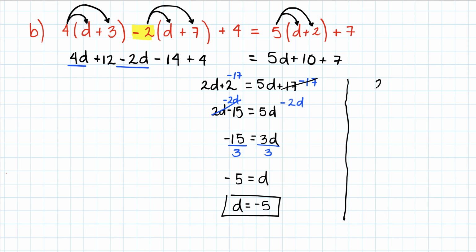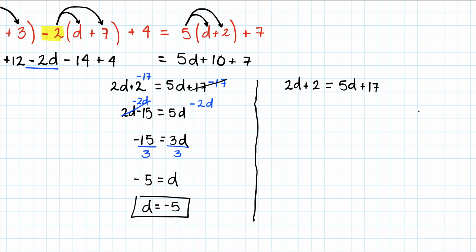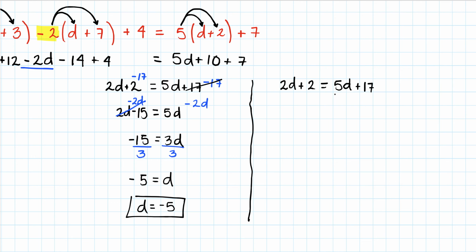So if I have 2d plus 2 equals 5d plus 17. Agree? That's what we had. Okay, so you're going to do what we usually do, that's pronumerals to the left. So if you do that, then what happens? I have to take away these 2. So I do take away 2, take away 2.